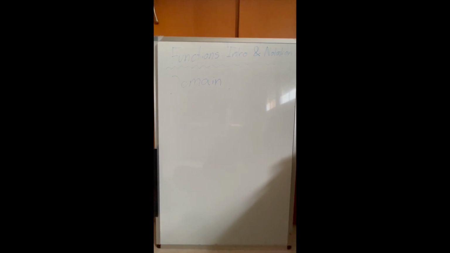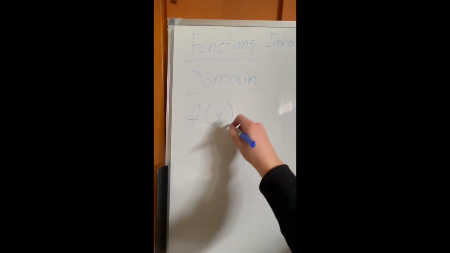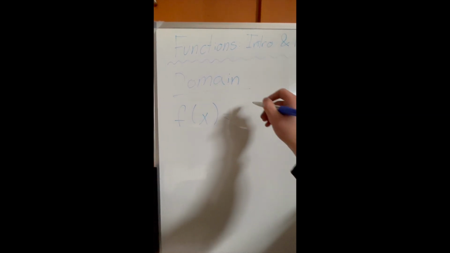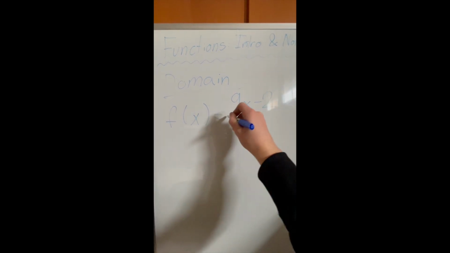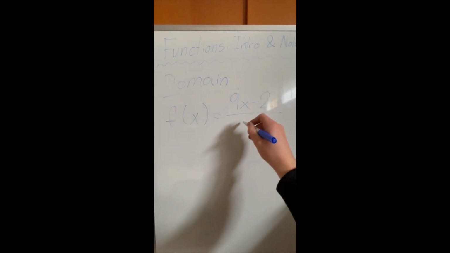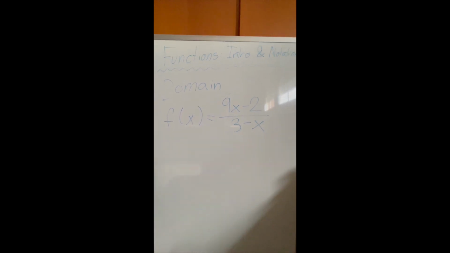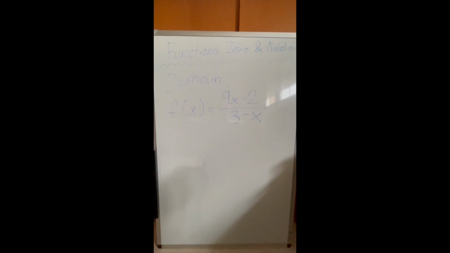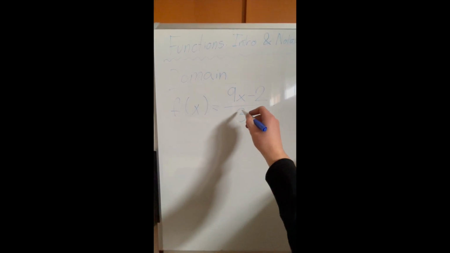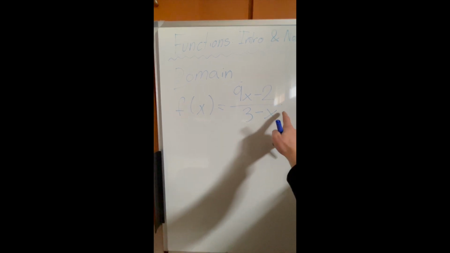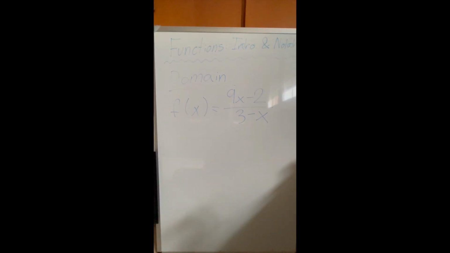But, for example, if we have an equation like so, f of x is equal to 9x minus 2 divided by 3 minus x. In this case, our x cannot be 3, as this would give us 3 minus 3, which is 0, and we cannot have a denominator of 0. This would be an indetermination.